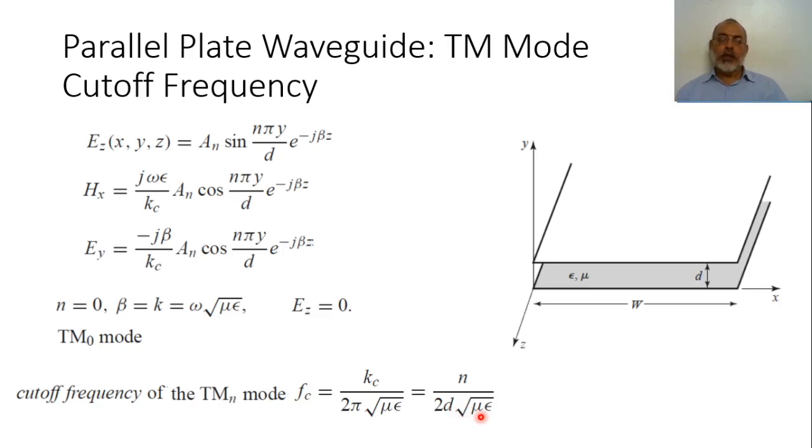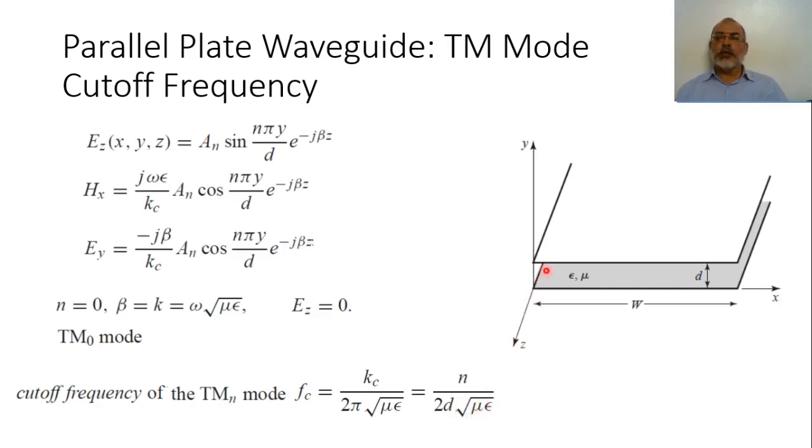As an example, assuming that we have 3 millimeters for the value of d, and we are talking about n equal 1, the cutoff frequency of TM1 would be 1 over 2 multiplied by 3 millimeters, 3 multiplied by 10 to the power minus 3, times 1 over square root mu epsilon.